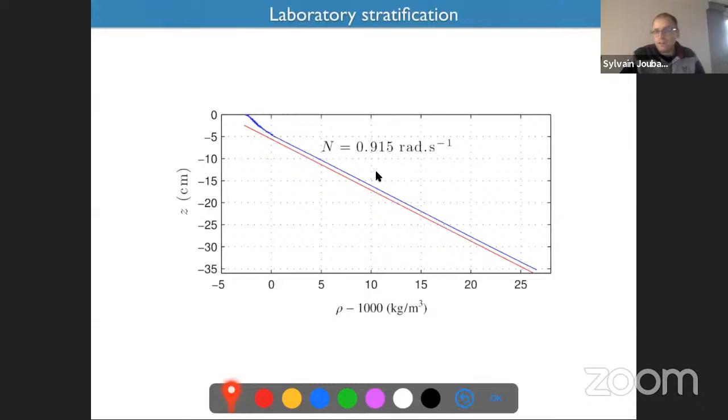A classical problem in stratification is layering. If you have some layering, this is because you are going too fast, or because the mixed tank is not well mixed. That's another problem you can have in the lab. You can also have a problem if the two pumps are not perfectly accurate, so Q1 and Q2 are not related by 1/2 precisely.